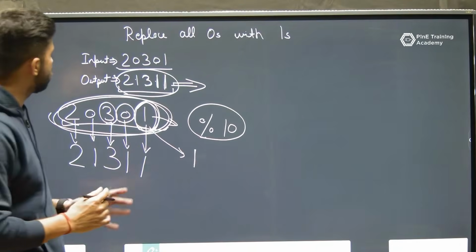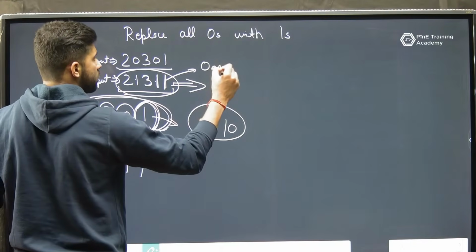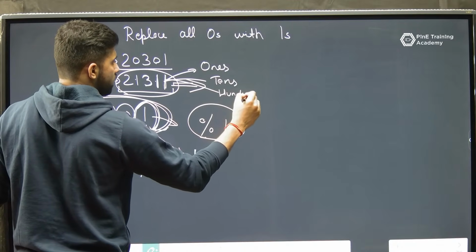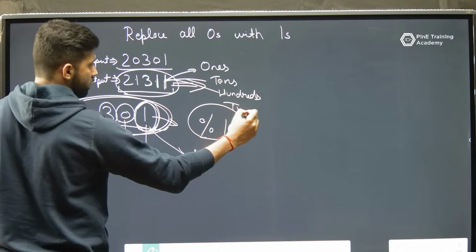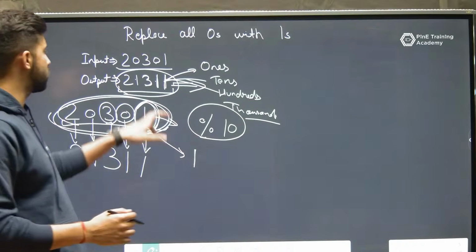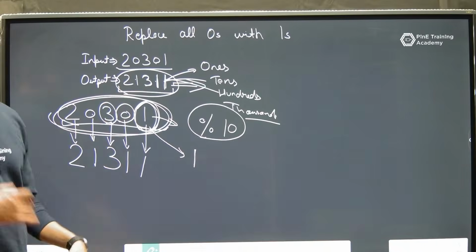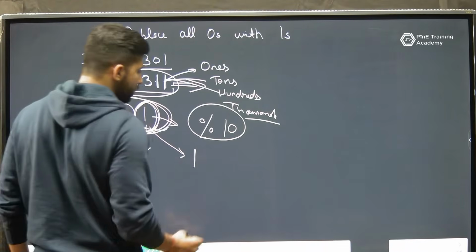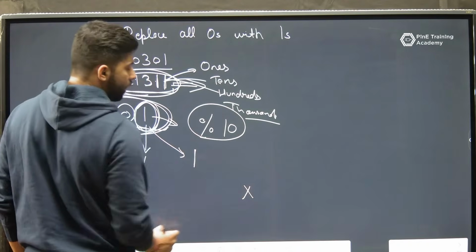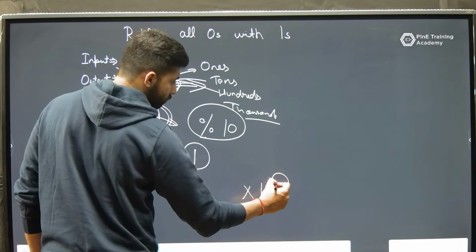I guess it was not unitary, I'm sorry, but we studied ones, tens, hundreds, thousands, right? The first number is ones, the second number is tens, the third number is hundreds, thousands, 10,000s, and so on. That means I can simply form this number by multiplying any digit with 10 to the power x.